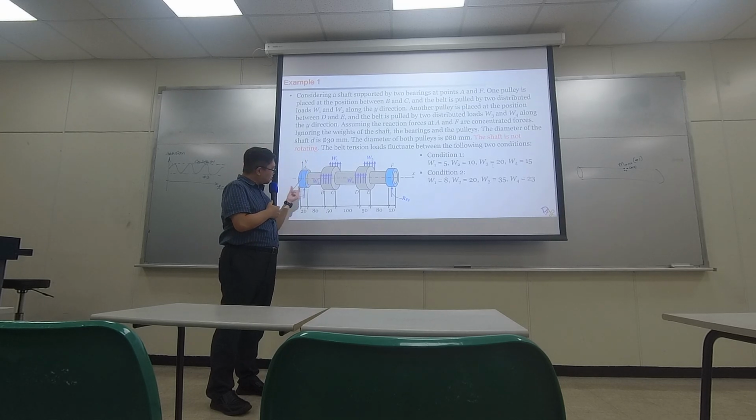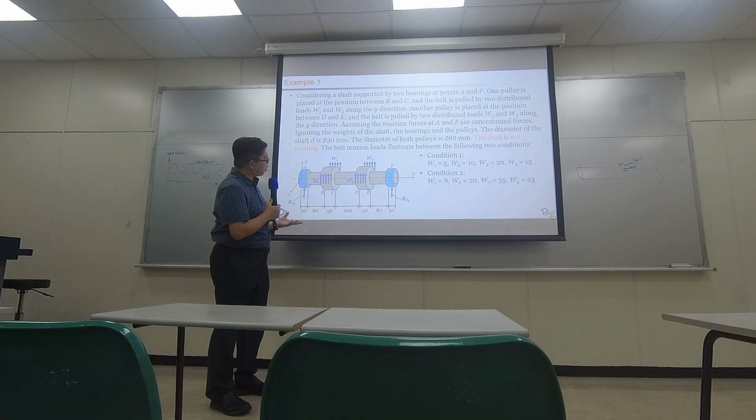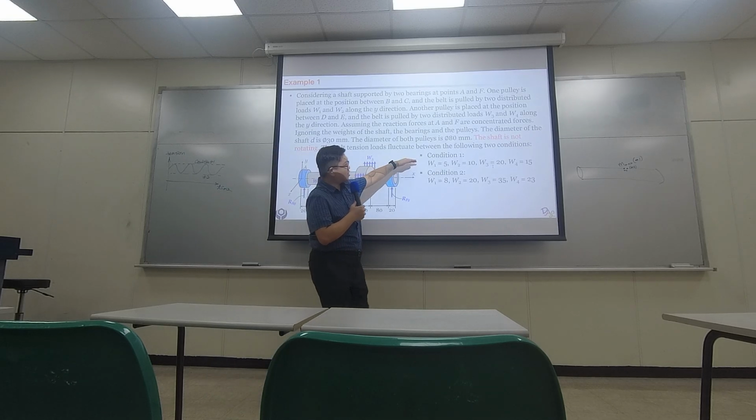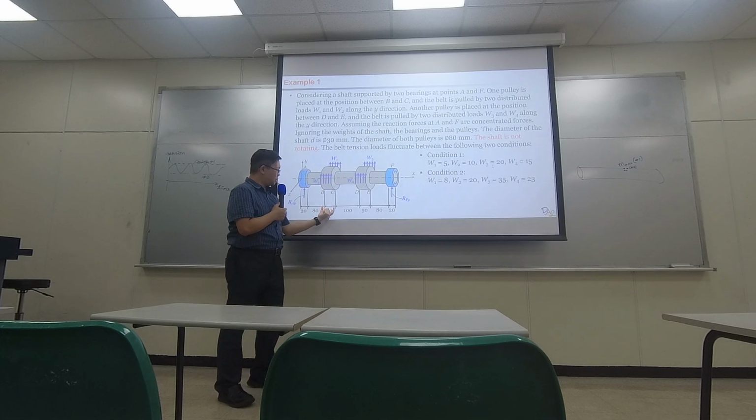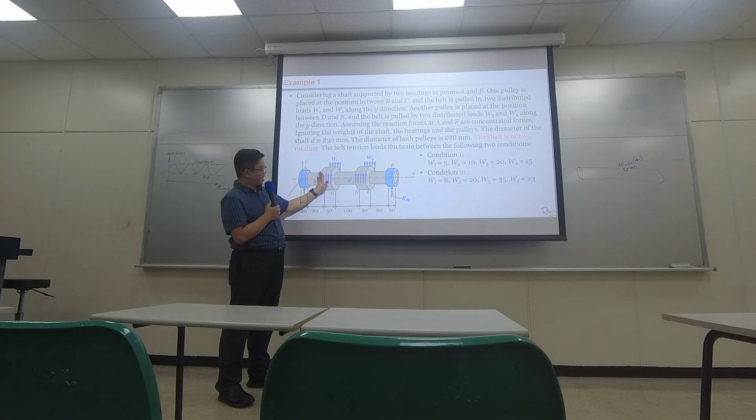If you use delta W times the distance right here, that will be the force, the delta force. And if you use the delta force, delta F, times the radius, that will be the torque. So in condition 1, you use the difference between them times the distance, because it's a distributed load, to get the total force at the edge.